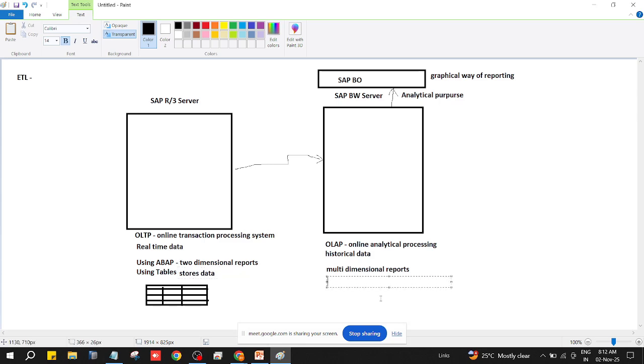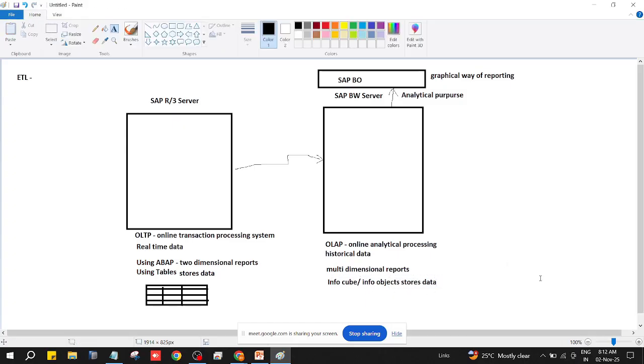But here, InfoCube and InfoObjects store data. The InfoCube concept is like this: we have multi-dimension this way.